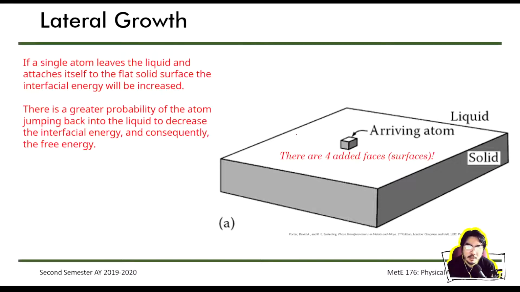So at this state, the only disconnected surface you have is, if you think about it, just here. So you have only one external surface. Now when you add this arriving atom right here, you actually add 4 additional phases.